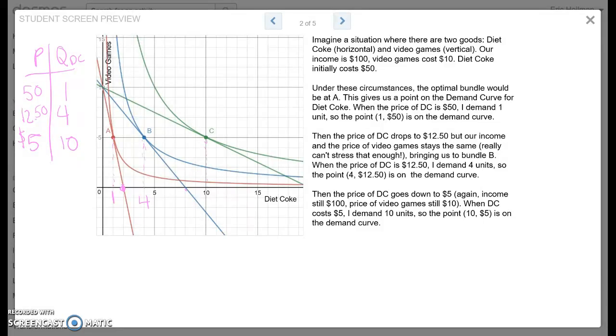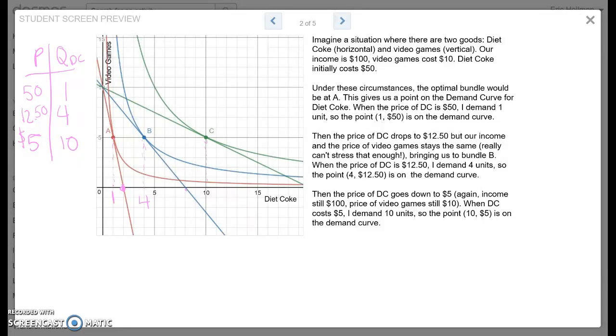So, we could keep changing the price of Diet Coke and drawing the new budget constraint and finding the new optimal bundle and recording how much Diet Coke I could get. And I could generate as many points as I want to, as many pairs of price and quantity as I want to.